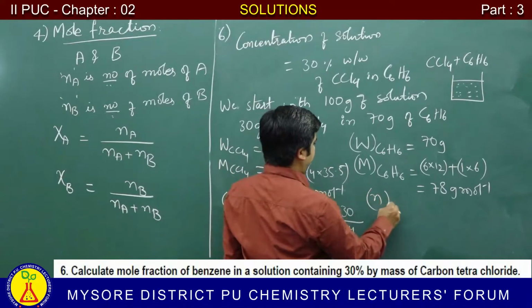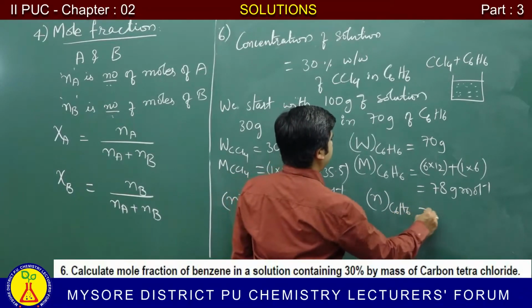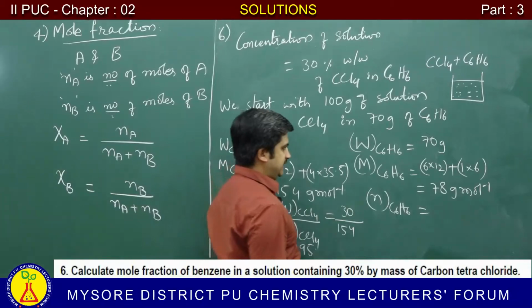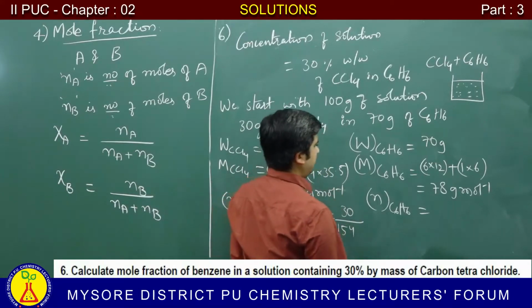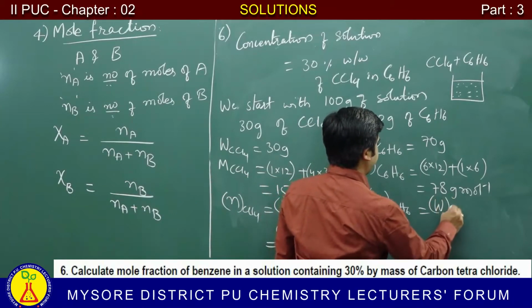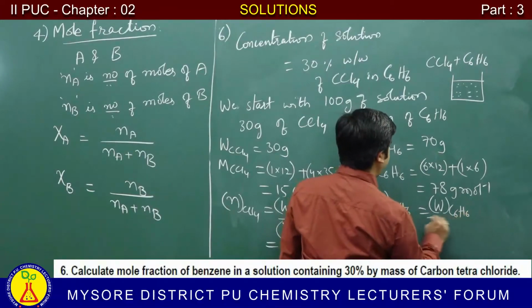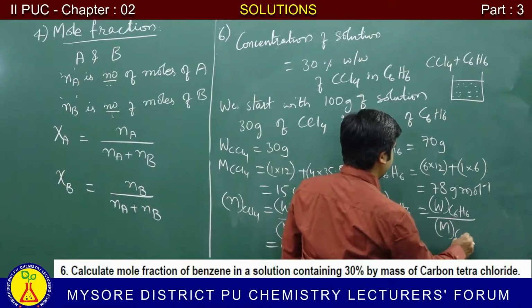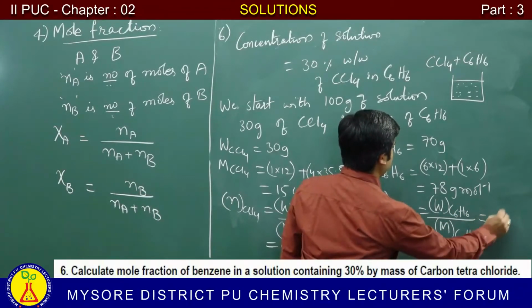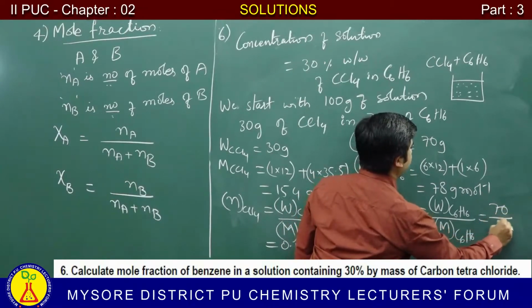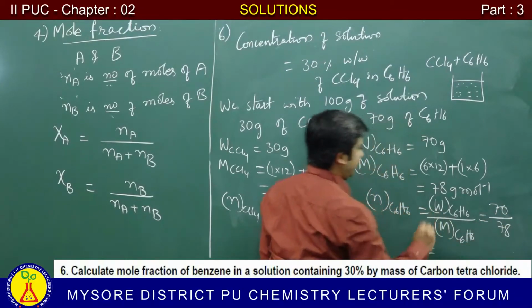Similarly, we calculate the number of moles of benzene. So how much? Weight of benzene divided by molar mass of benzene. Weight of benzene is 70 grams, molar mass is 78 grams.